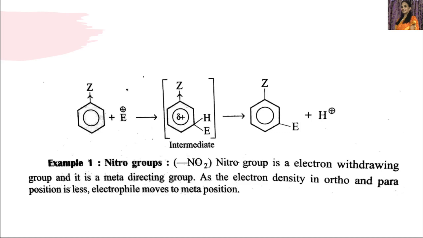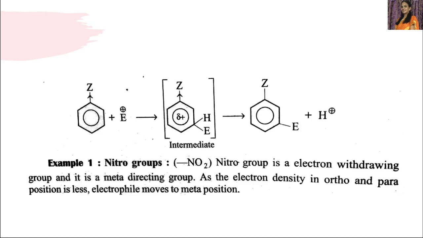Now here, let's consider the general example. This is a monosubstituted benzene, where Z is the ring deactivating group already present on the benzene ring. Now the incoming electrophile has to go to the meta position, because at ortho position, that is 2 and 6 position, and the para position, that is fourth position, the electron density is less compared to the meta positions.